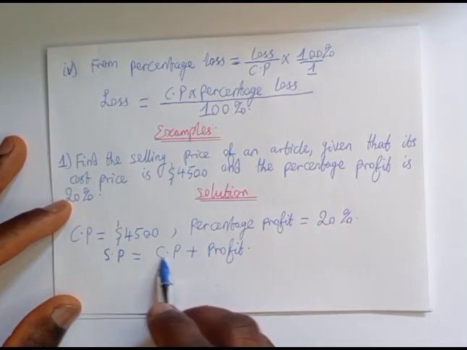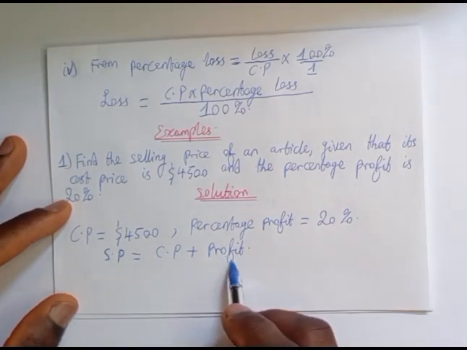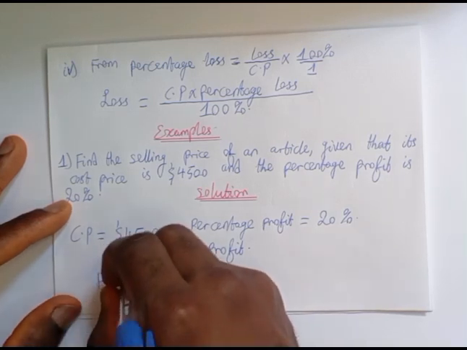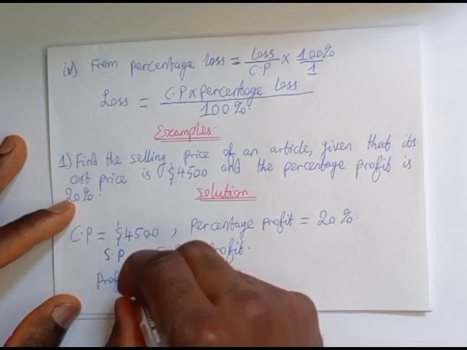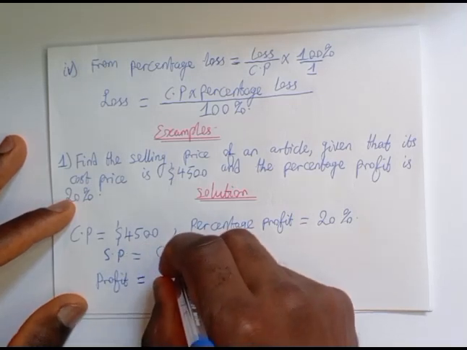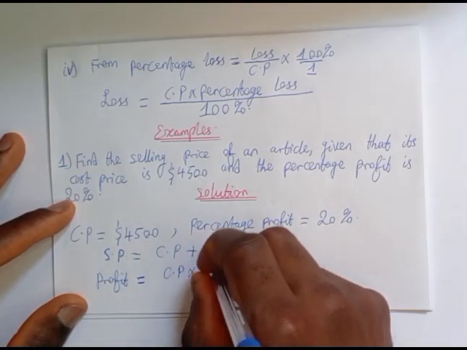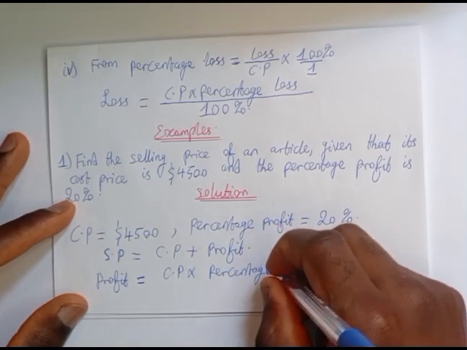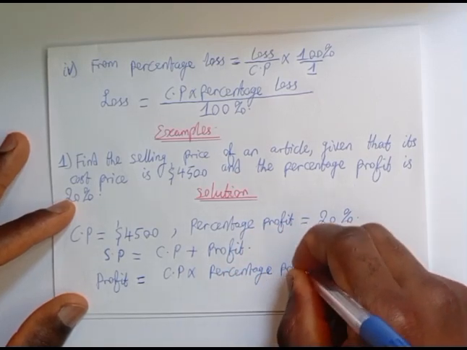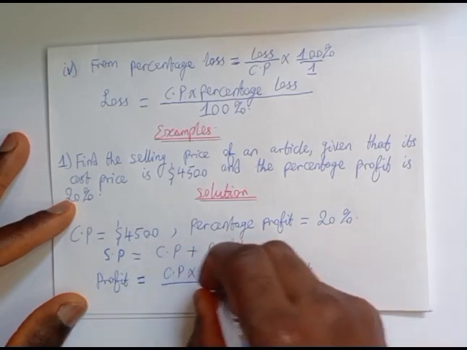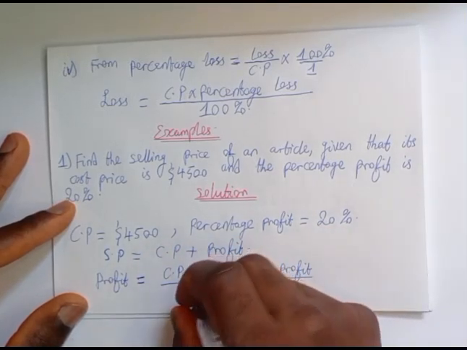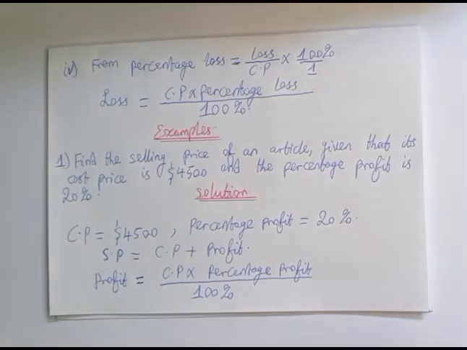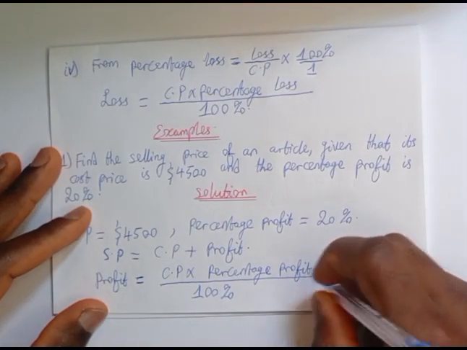We know the cost price, but we don't know the profit. The next thing we have to look for is the profit. Profit is equal to the cost price times the percentage profit all over 100%.